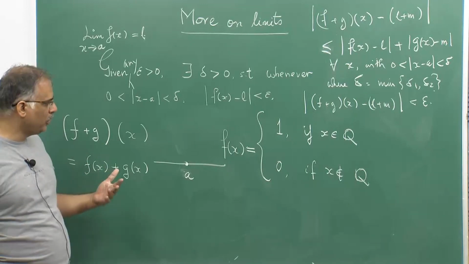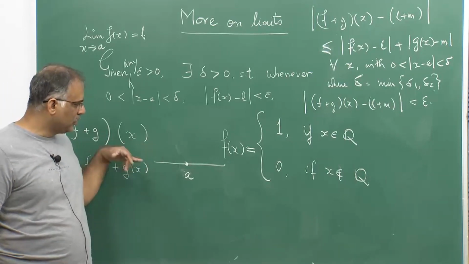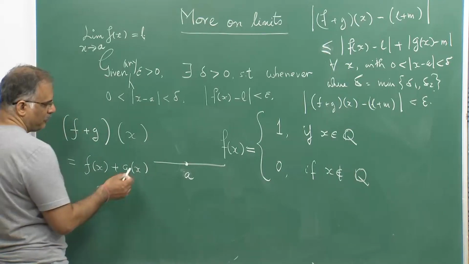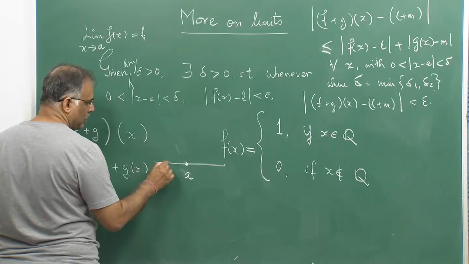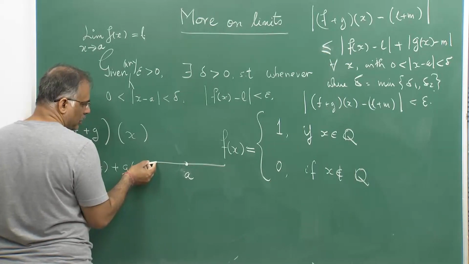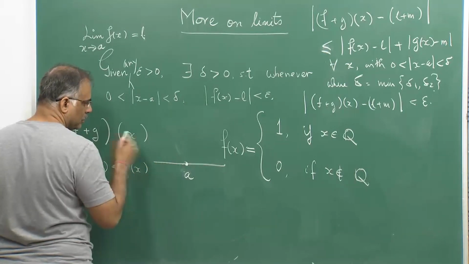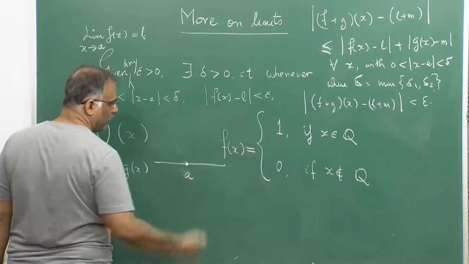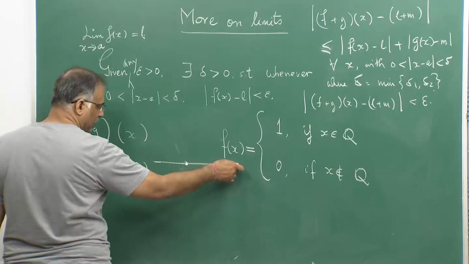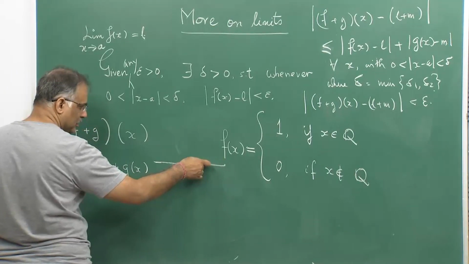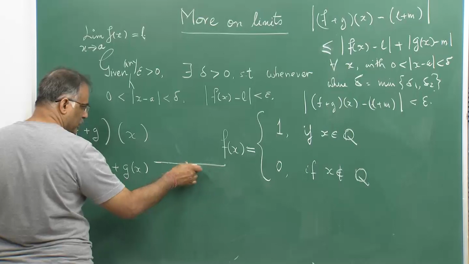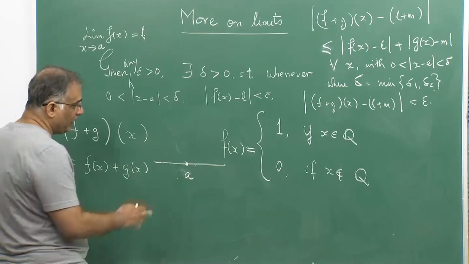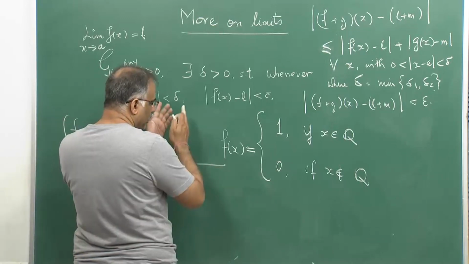So I can think of taking only the rational numbers, then my value would be 1, but if I take just the irrational numbers that also approach a, then the value would be 0. But if I take only the rational numbers, then it will be 1.